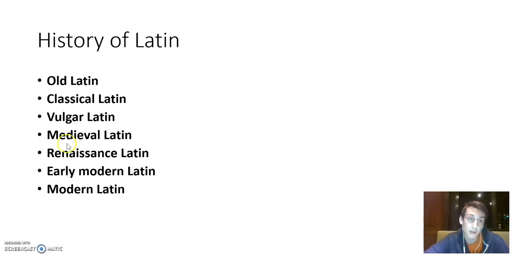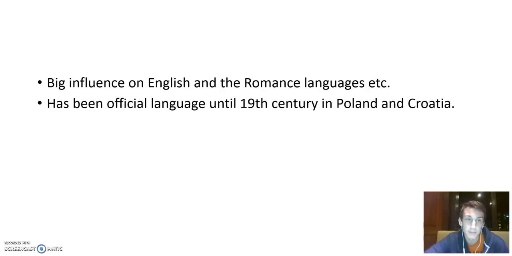The biggest effect on the European languages was caused by Vulgar Latin, because the European languages, for example the Romance languages, got their form from Vulgar Latin. Latin had a big influence on English and the Romance languages, as I said before, and all Romance languages take their information and sources from Vulgar Latin.